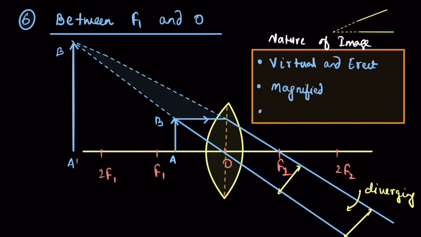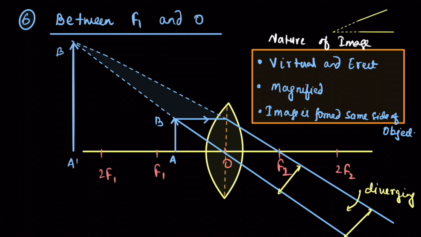And third, the image is formed behind the object, or you can say that image is formed on the same side as object. So that's it in the image formation of the convex lens.